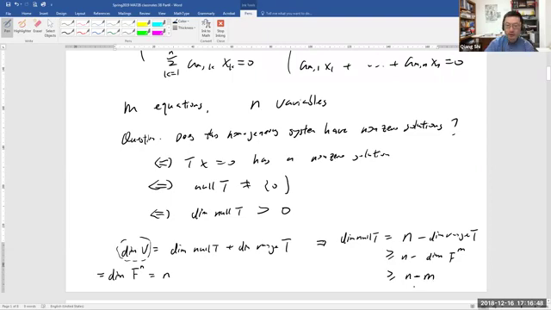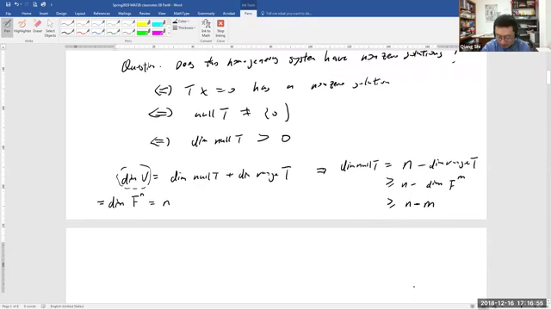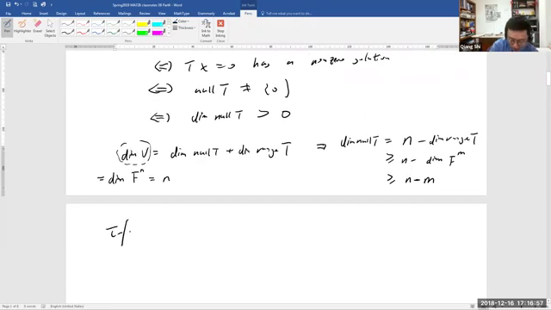So under what sufficient condition do we guarantee this system has a non-trivial solution? Well, if n is strictly greater than m.